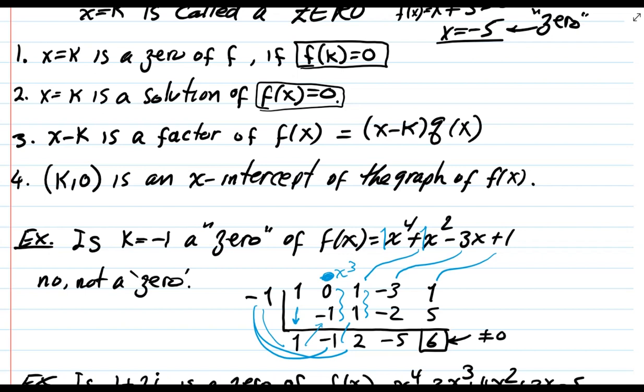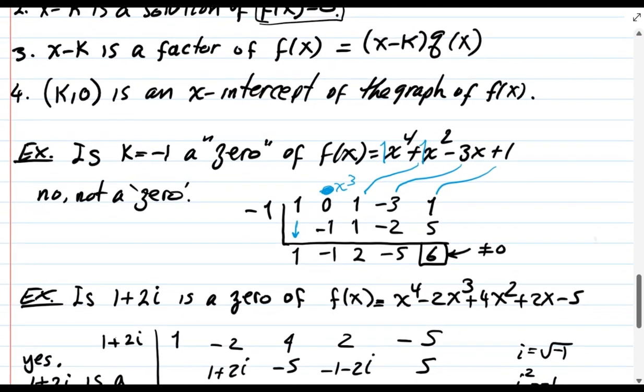And you kind of see how this process evolves. It's algorithmic. That means it repeats itself. Okay, and this was -1. All right, and as you can see, the remainder is 6, which is not 0. Therefore, -1 is not a zero of this polynomial.